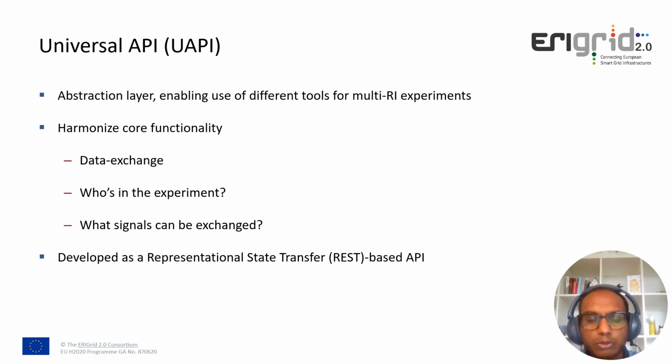This core functionality could include tasks such as data exchange, the list of signals that need to be exchanged during an experiment, the participating labs in an experiment, for example. And to keep it as widely usable as possible, the UAPI has been developed as a REST-based API, which is supported on a wide range of platforms and languages.